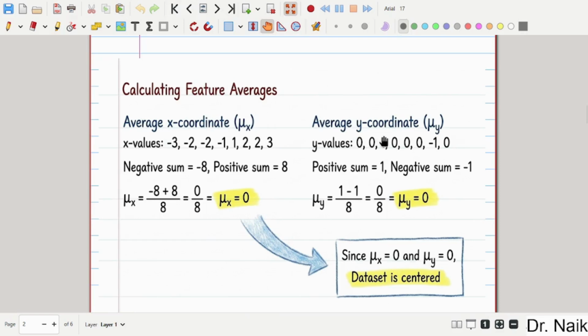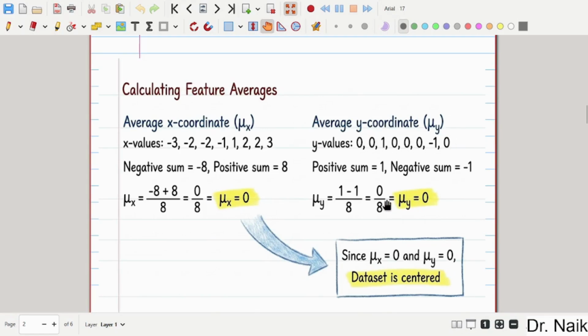Now calculate the y coordinate average, call it mu y. Now consider only the y coordinates of all the points, and the y coordinates are 0, 0, 1, 0, 0, 0, -1 and 0. Now sum all these values.